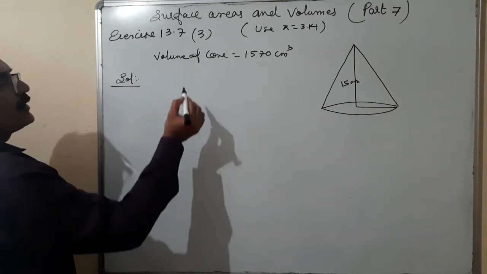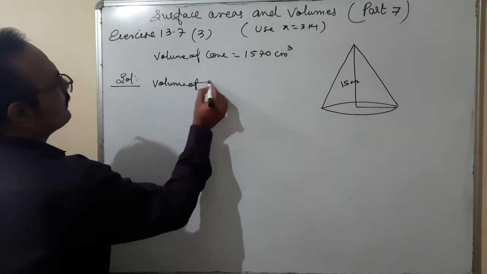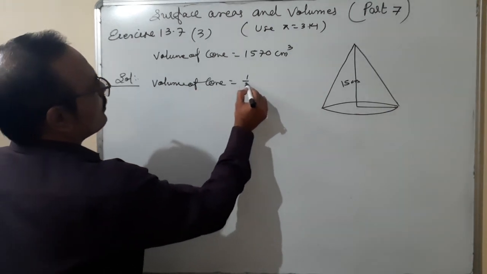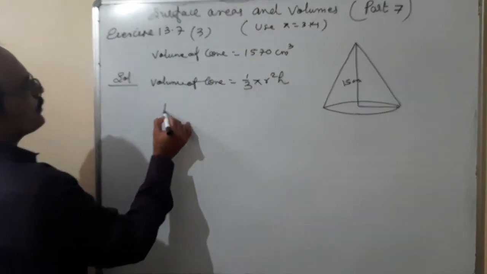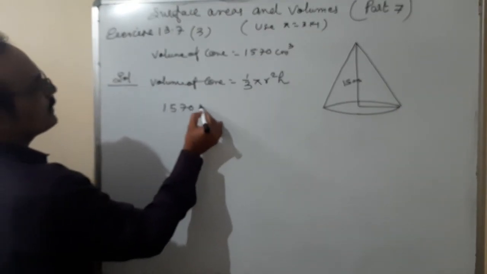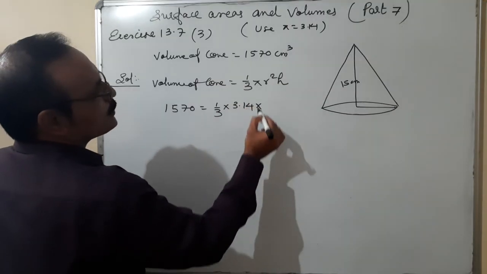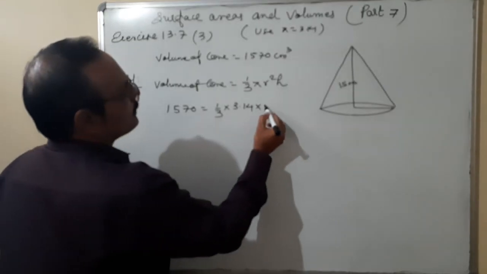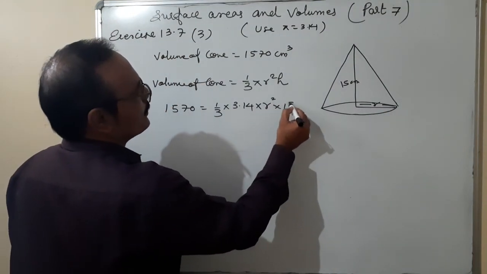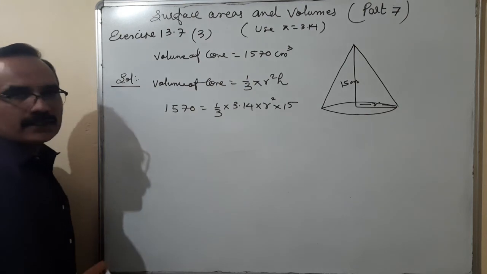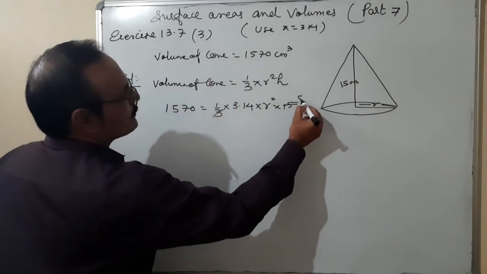Volume of cone, formula 1/3 pi r square h. Volume of cone is already given: 1570 is equal to 1/3 into 3.14 into r square. Radius is not given, so we'll consider the radius as r, and h is 15. For finding the value of r square, these terms will be shifted here. 3 fives are 15, first we'll cancel it.